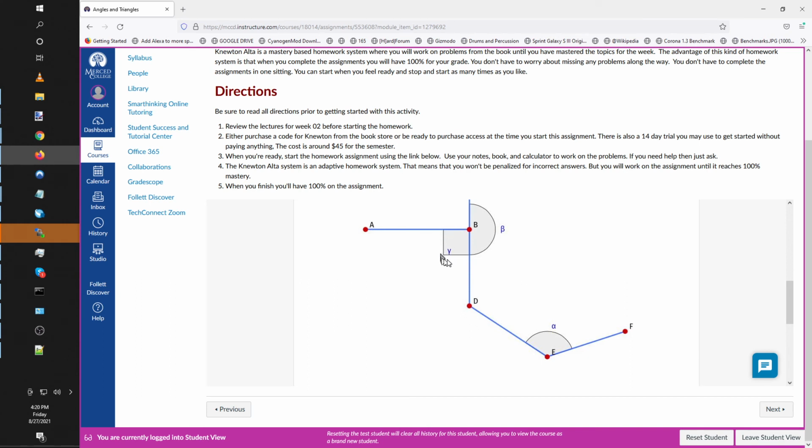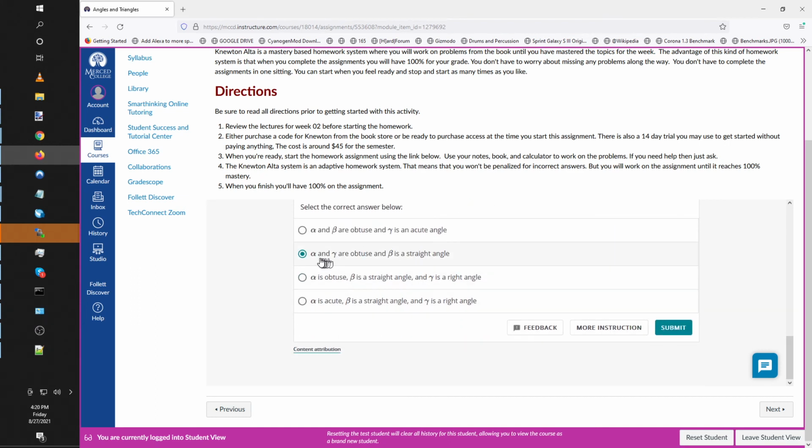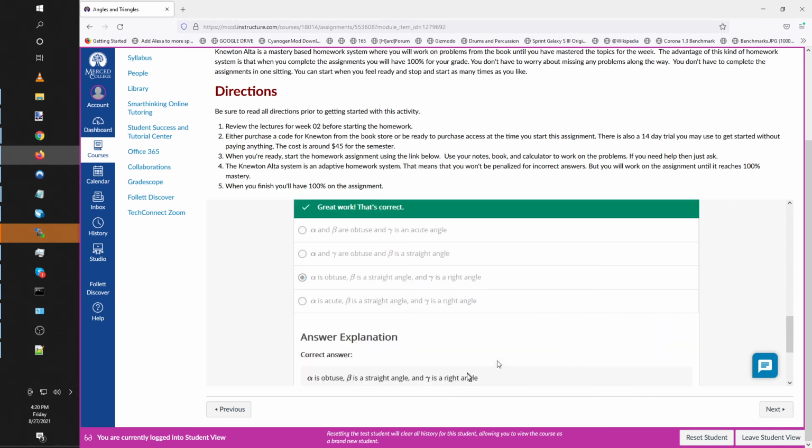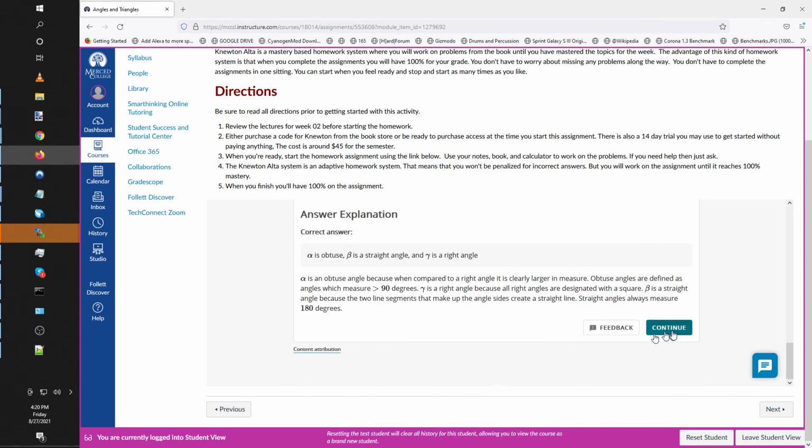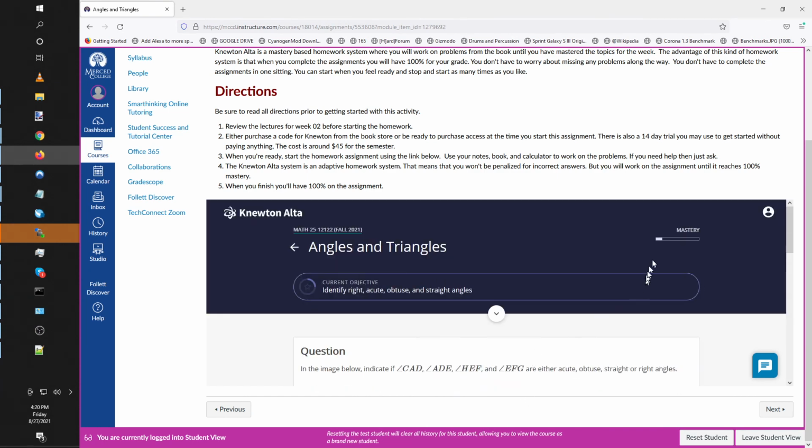They actually put a Y there. So gamma is 90, so gamma is a right angle. So this is wrong because this says gamma is obtuse. This one says gamma is right. So alpha is obtuse, beta is straight, gamma is right. So that's the right option. Submit. Okay, and we're up to 15%.